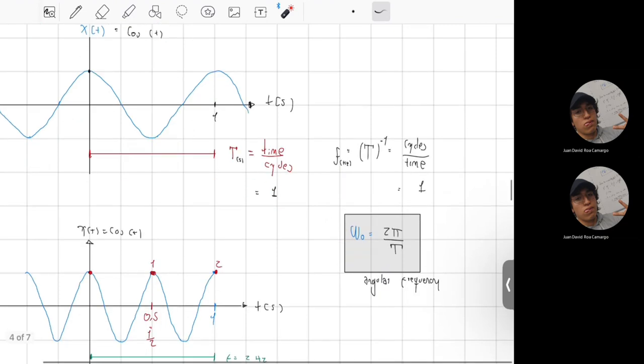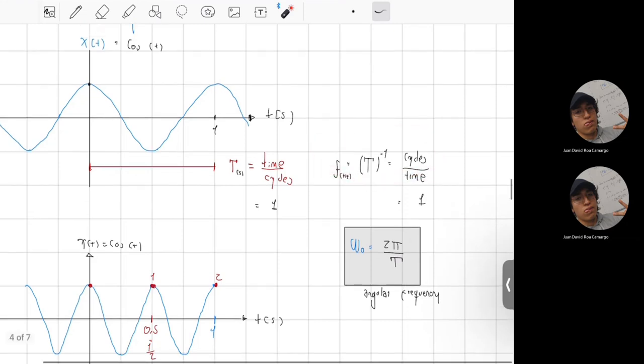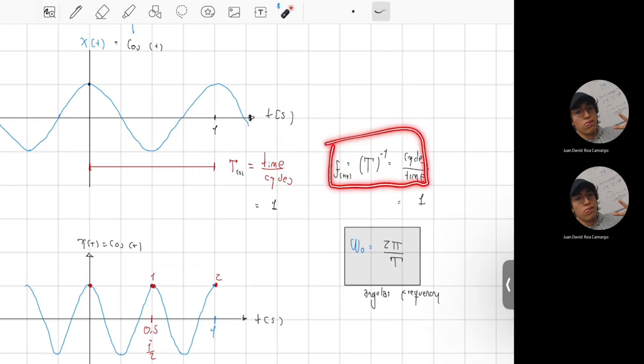Angular describes the form in which it repeats in a kind of radial motion. So that's why we have 2π. And these are pretty much the formulas. But what does it mean? The frequency describes the times that a cycle happens in time.